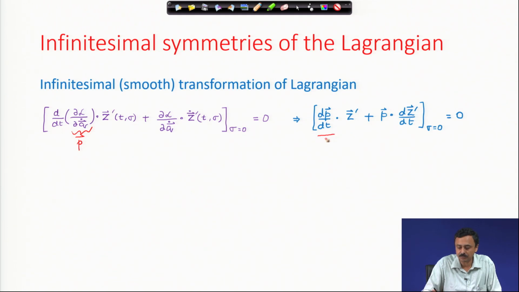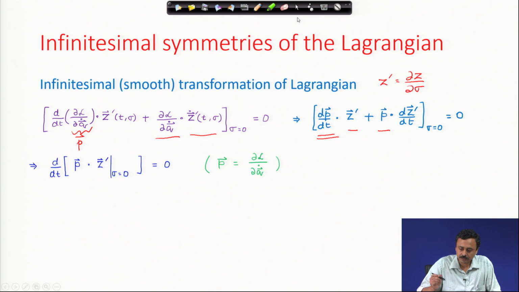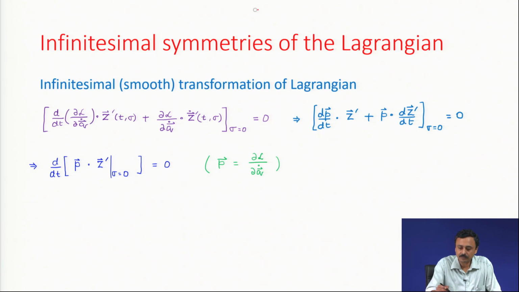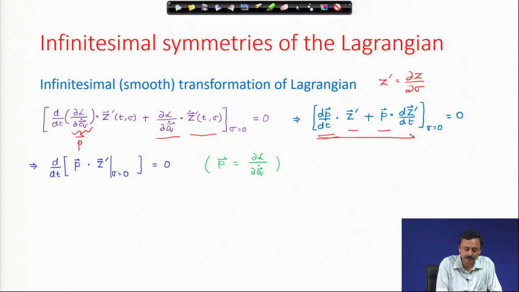Therefore, this first term becomes dp/dt dot Z prime plus, this is again, p dot d/dt of Z prime, and Z prime, remember, is ∂z/∂sigma. The expression in the bracket here, I can write as the total time derivative of p dot Z prime at sigma equal to 0, and that must be equal to 0.